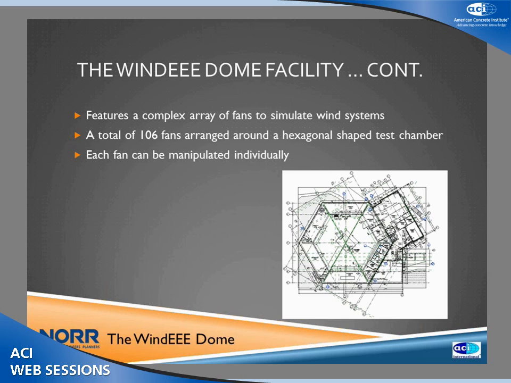A total of 106 fans can be manipulated to simulate winds ranging from hurricanes to tornadoes, microbursts, and downbursts. Each fan is controlled individually and can be accelerated or decelerated within 1 second.